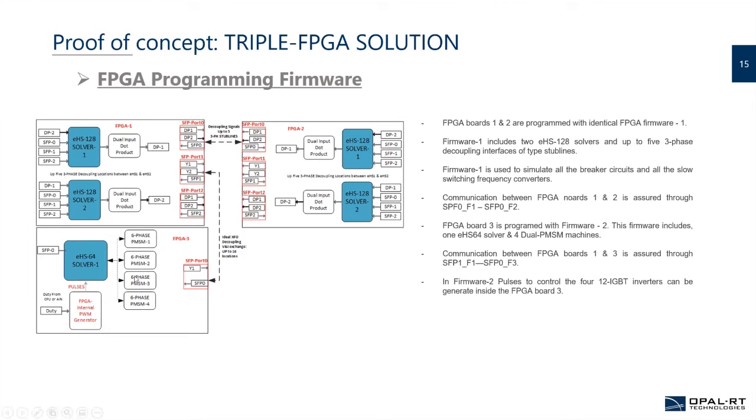The second firmware is used to simulate the machines and the fast switching frequency converters. It includes one EHS solver and 8 PMSM motors. It also integrates a PWM generator inside the FPGA to generate accurate PWM signals.